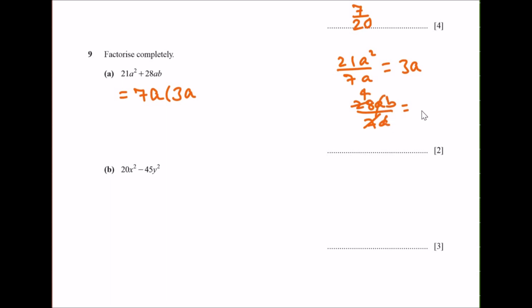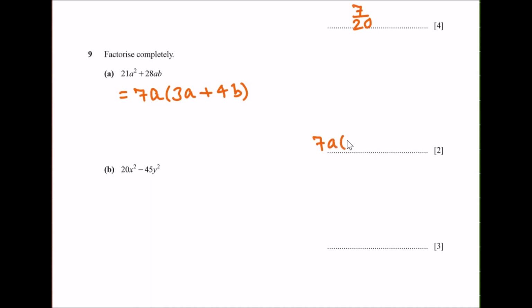A cancelled out. So we are left with 4b. So in the bracket comes 4b. So this is your answer. Let me erase this rough work. Now I'll write your answer in the answer space. 7a into 3a plus 4b. Done.